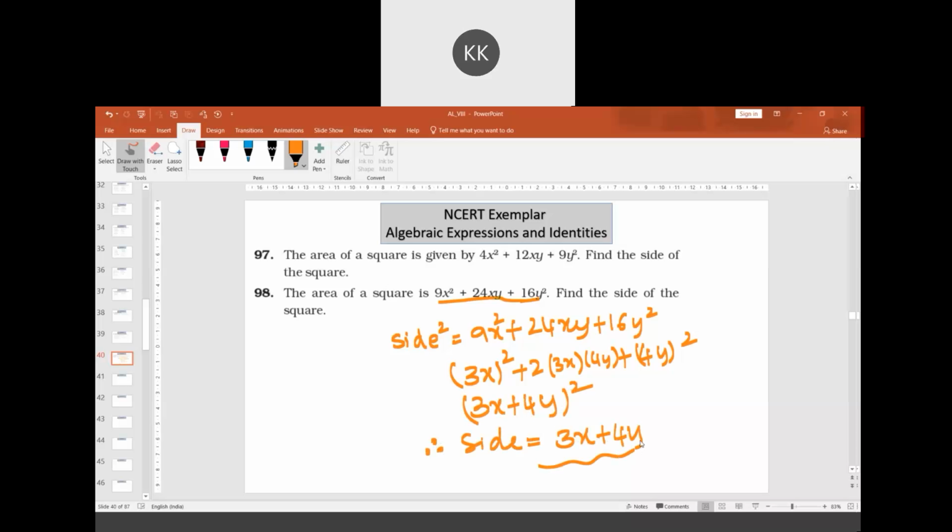Sir, can you show like this an application of a square minus b square? Sir, here there is an a plus b whole square application. If you have the rectangle, we can change the side. Plus 24xy, we can make it minus 24xy.